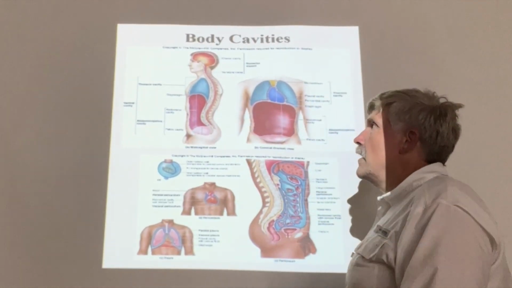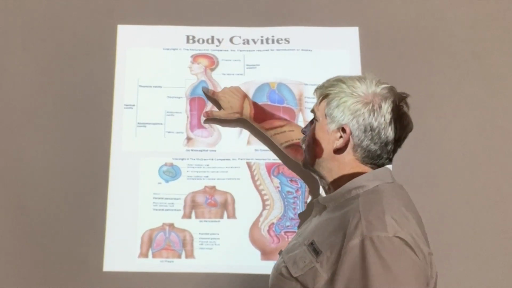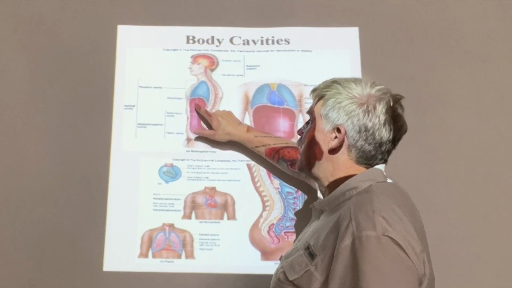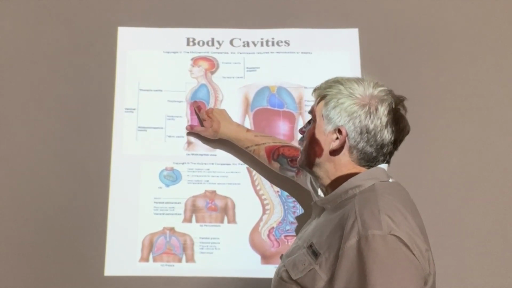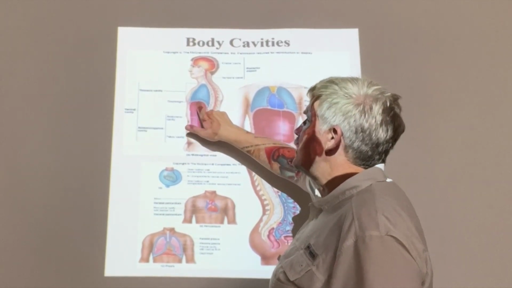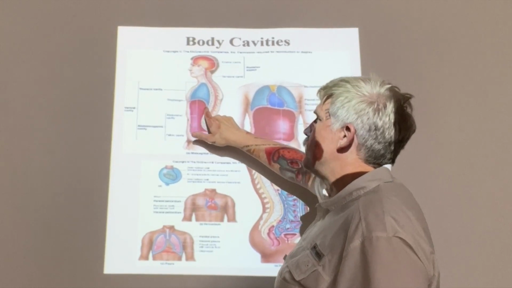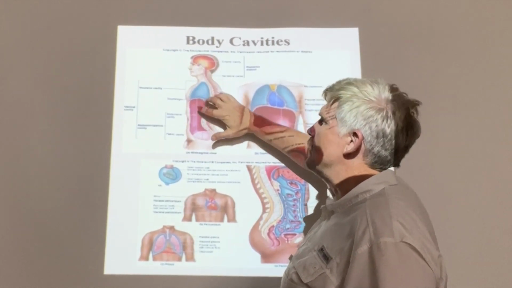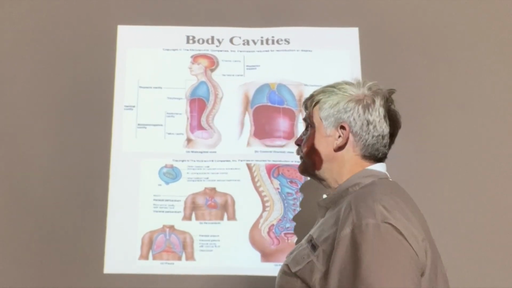And remember, I told you that the thoracic cavity is separated from the abdominal pelvic cavity by a muscular sheet, and there you see the diaphragm being the physical barrier between the thoracic cavity and the abdominal cavity.